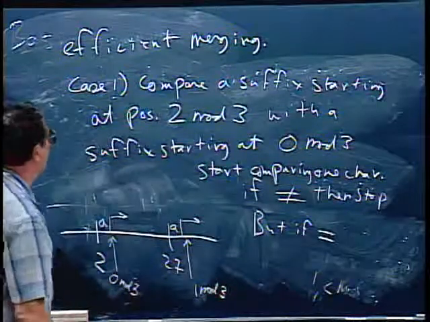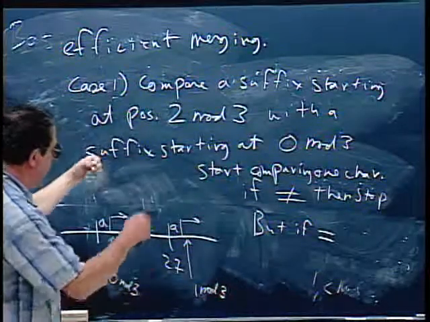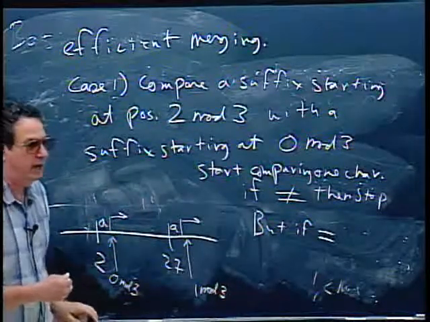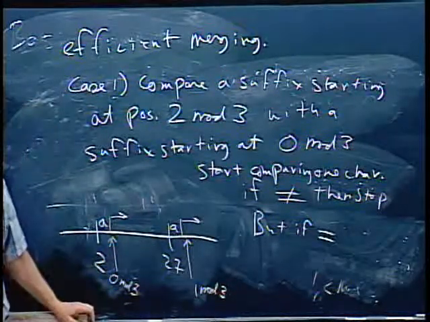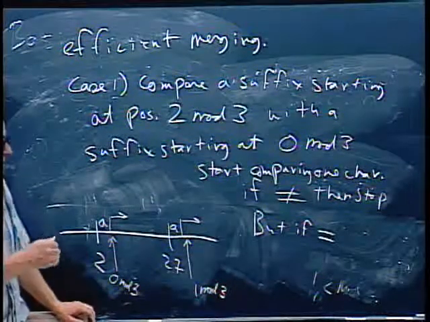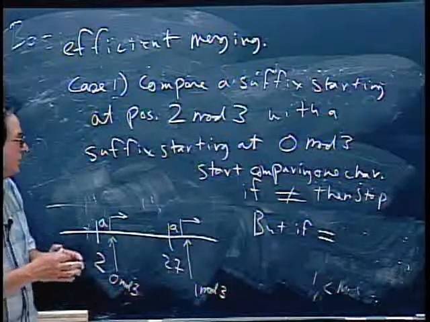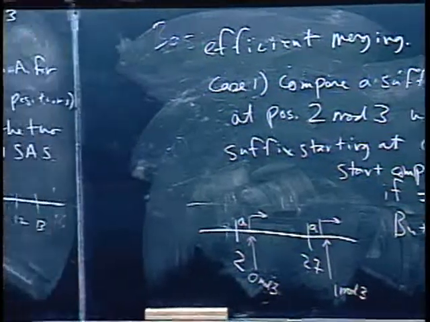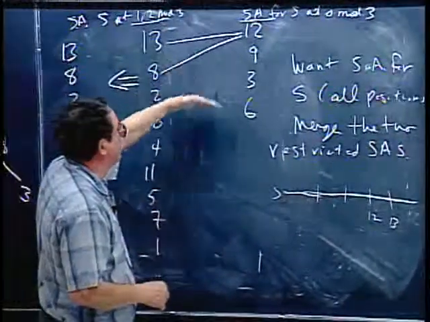Okay? So what we've shown now is that in the merging we have to do after we find the suffix array restricted to positions 1 and 2 mod 3 and the suffix array restricted to position 0 mod 3, the basic algorithm is like the merging in merge sort.